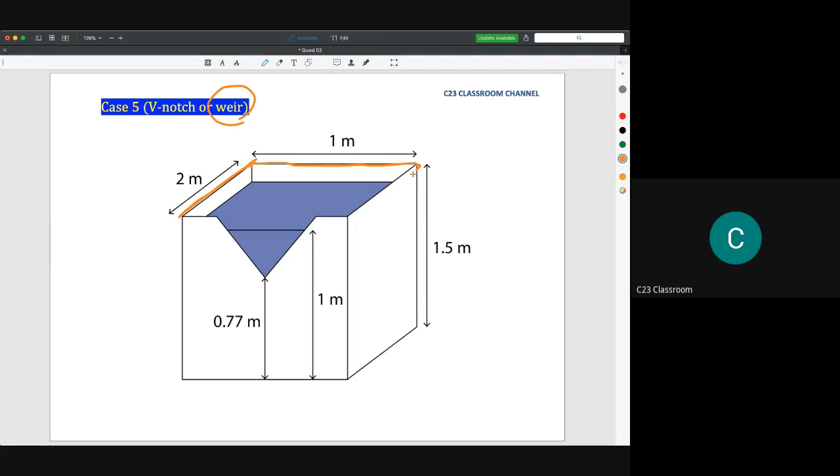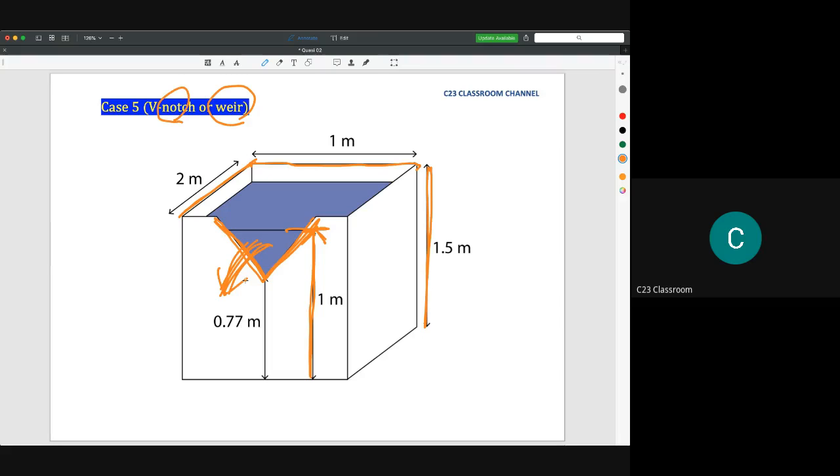Let's say the height is 1.5 meters, but the water level here is actually 1 meter. And then we have an opening like this, a V notch or rectangular weir. You know that water cannot remain still at this area, so the water will flow out.